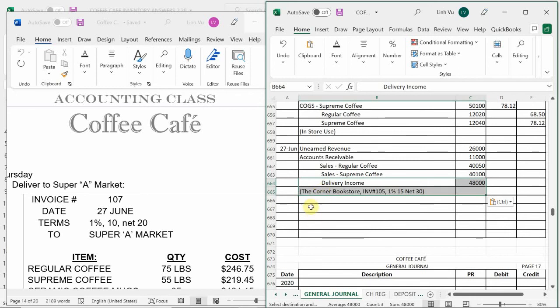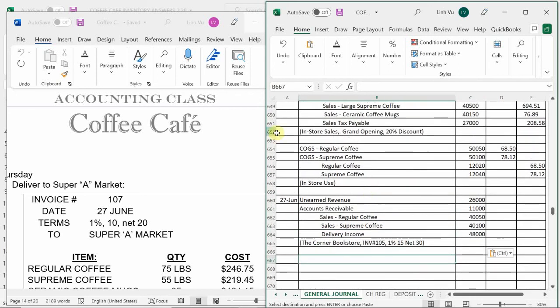Okay. So in this case, there's no way you're going to be able to squeeze the cost of goods sold here. Okay, so that's going to go on to the very next page.